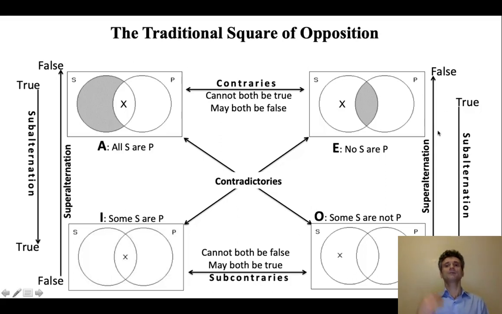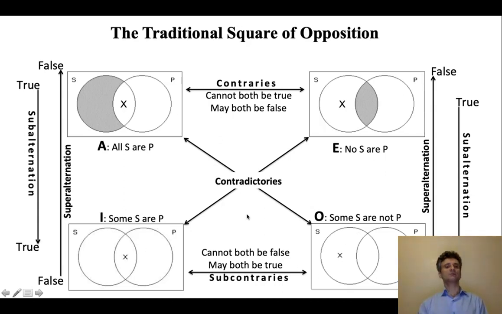However, none of them is a yellow thing. Naturally, you see that there are X's inside the subject in the I form and in the O form.